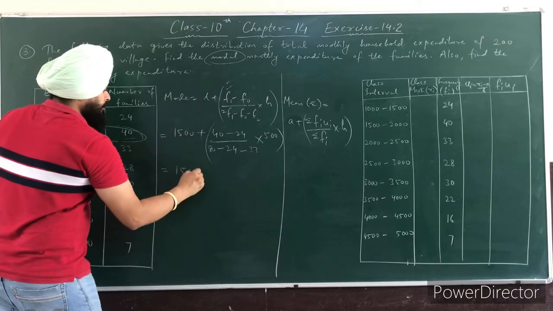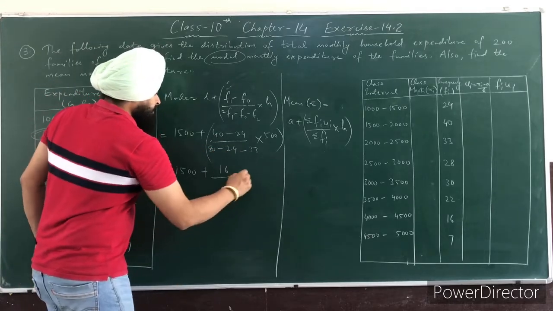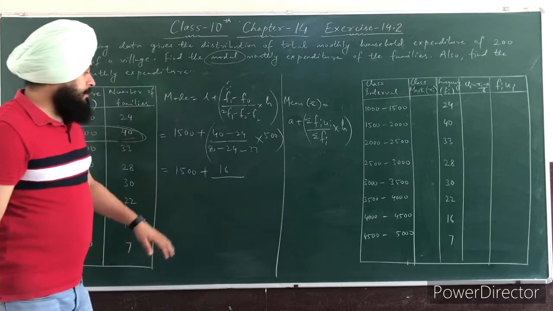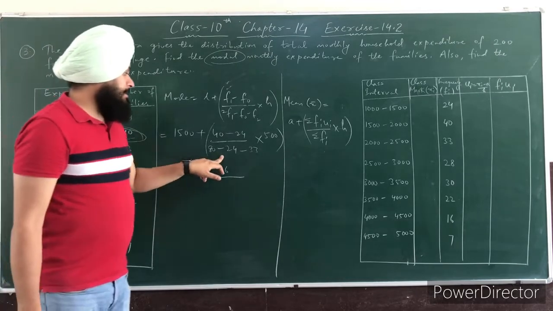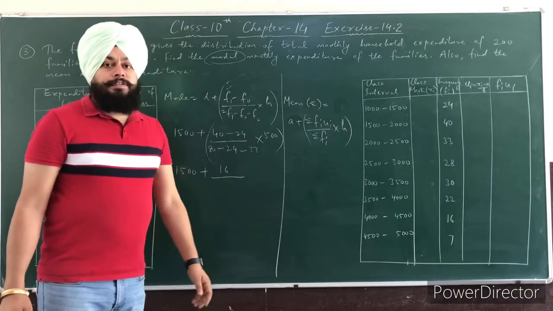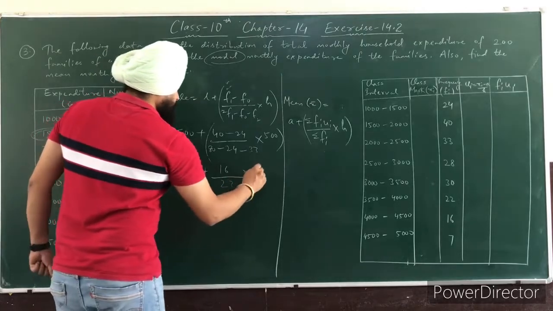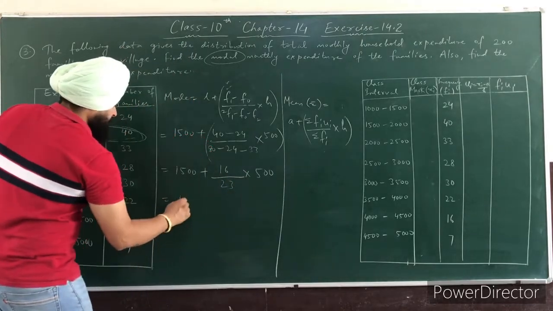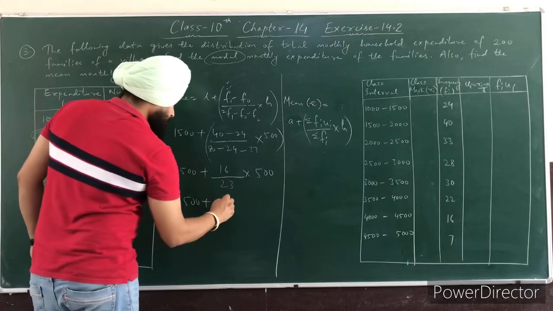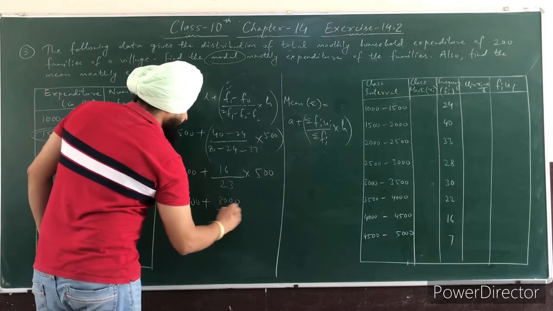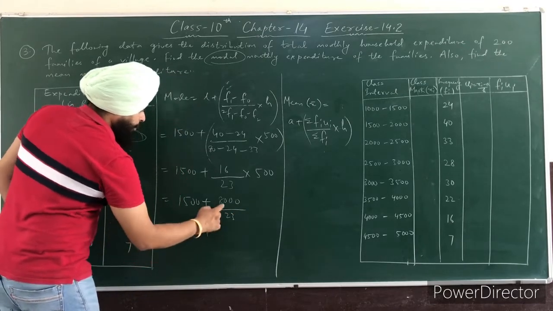So it is 1500 plus 40 minus 24, 16. 80 minus 24, how much? It is 56. 56 minus 33 is 23, into 500. 16 into 500 is how much? 8000. 8000 divided by 23.